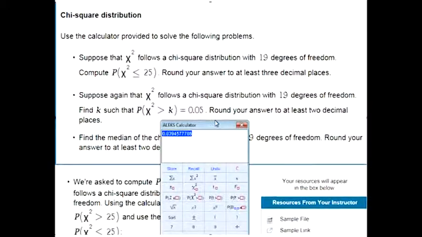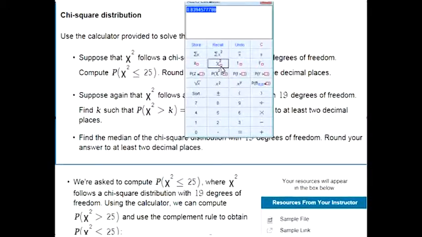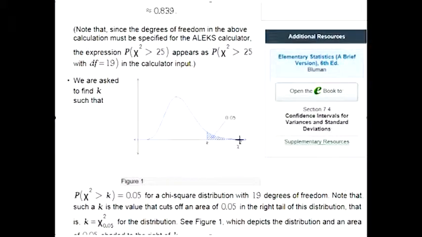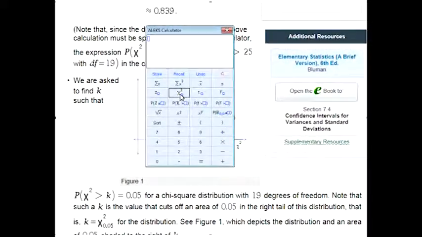So what I want now is to use the chi-square, and, whoops, I want to clear that first, and I want 0.05 to be the right tail. Chi-square on the calculator is the right tail. If we were looking for the left tail, we would have to do the 1 minus.